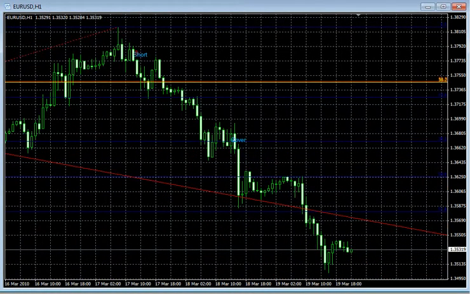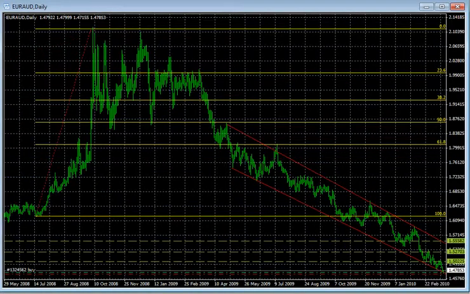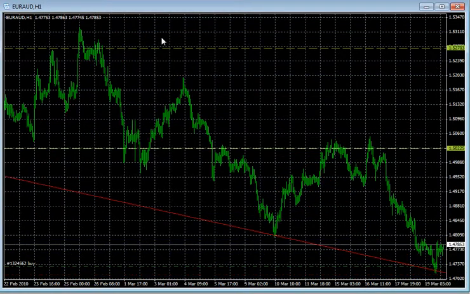I also trade the Euro AUD because I'm in Australia, obviously, and I think Australia has a much better long-term outlook than Europe. As you can see, the trend is way down. It's right at the bottom now, so I do have a long trade in, which kind of goes against my judgment, but it's working out.